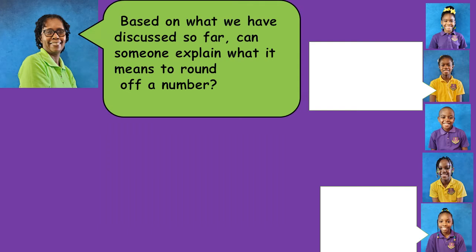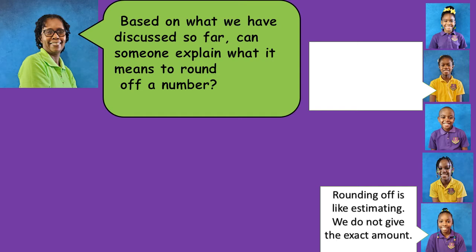Now, based on what we have discussed so far, can someone explain what it means to round off a number? And I see Danielia and Esther Marie would like to say something. So let's hear what they have to say. So Esther Marie is saying rounding off is like estimating. We do not give the exact amount.